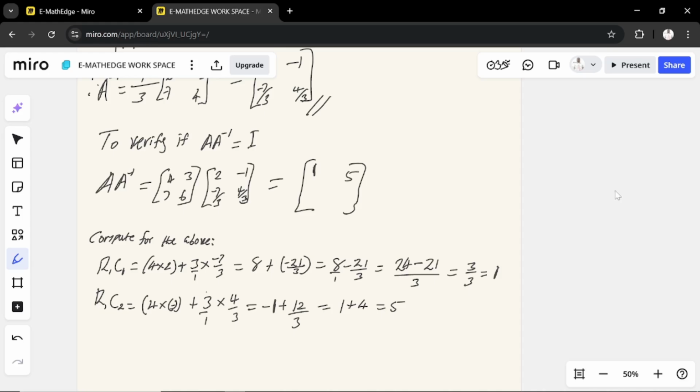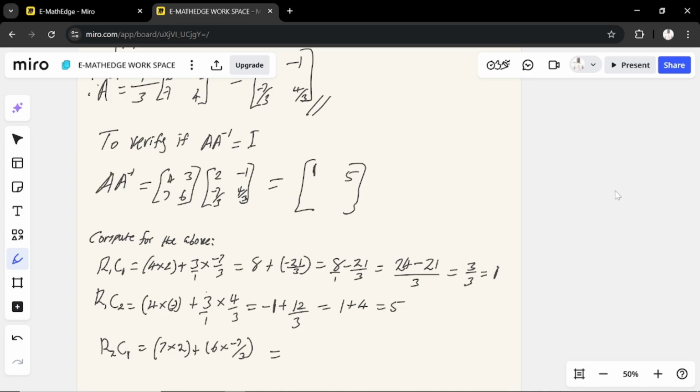So to further get the element in the second row, first column, R2C1, is therefore going to be the product of 7 by 2 plus 6 multiplied by minus 7 all over 3, right?